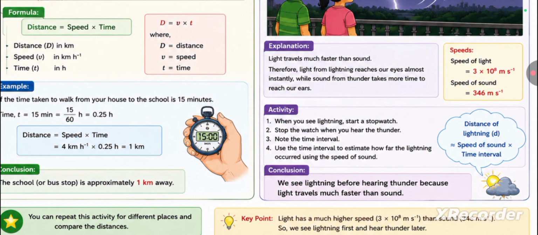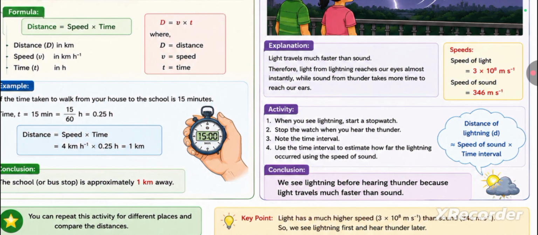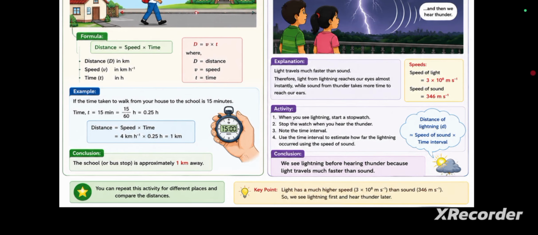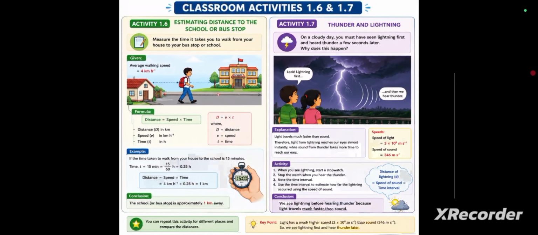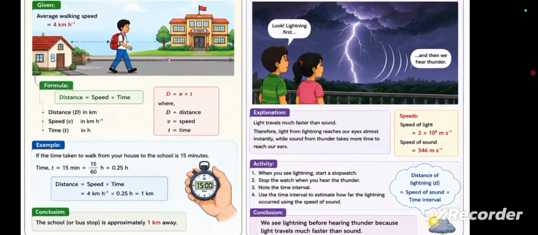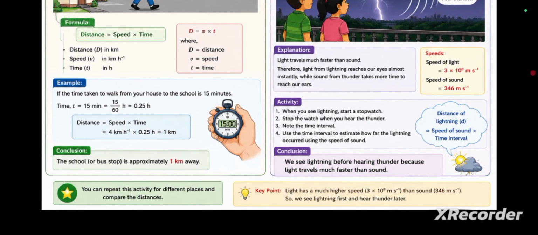We see lightning before hearing thunder because light travels much faster than sound. For this reason we see the lightning first, and after some time we hear thunder. We can repeat this activity for different places and compare the distances.